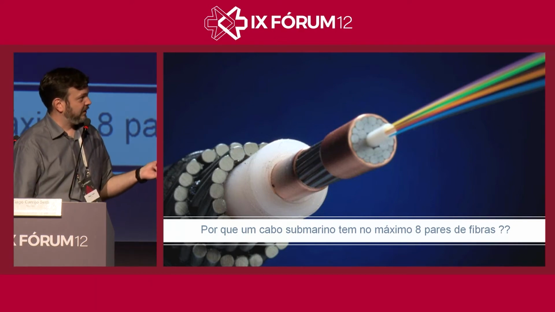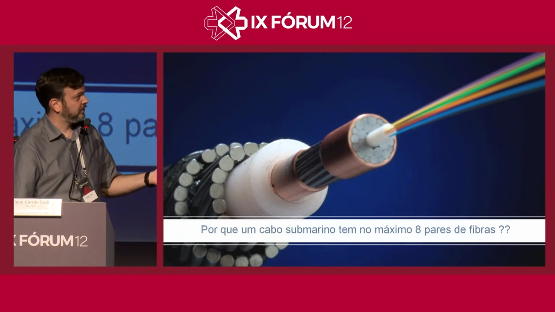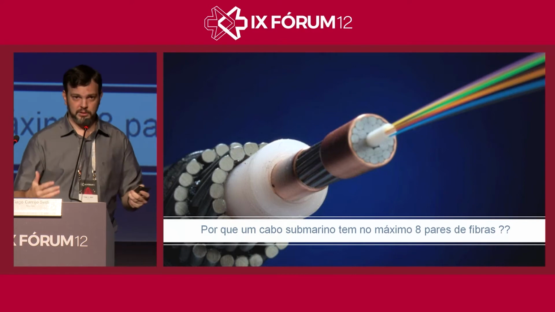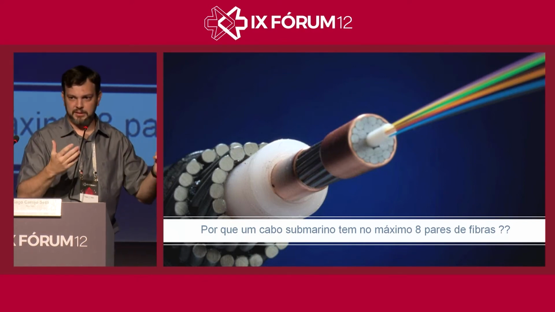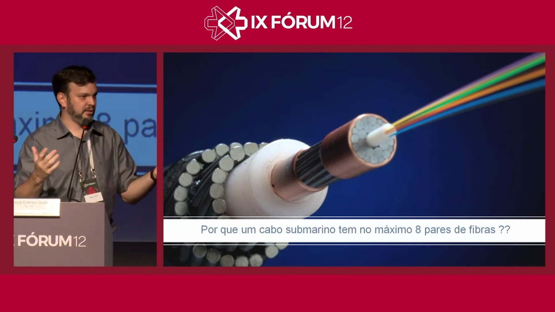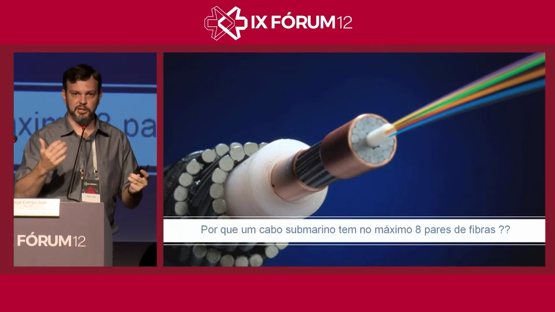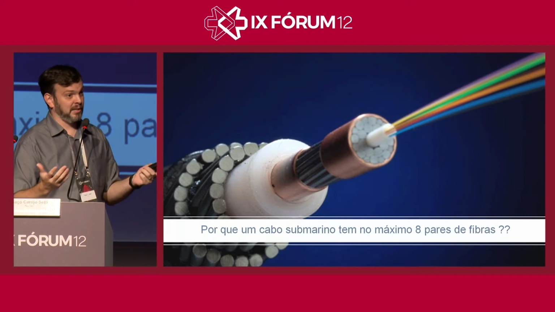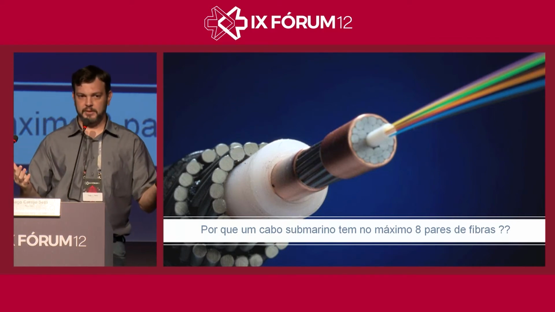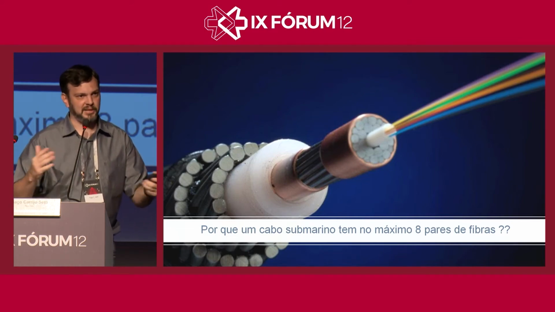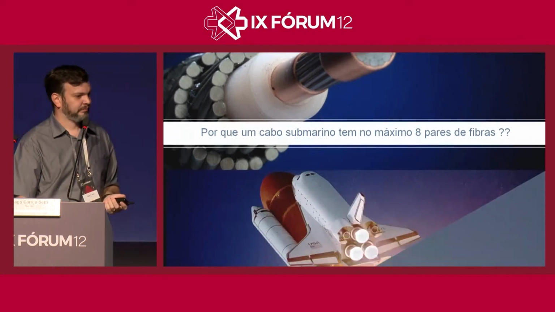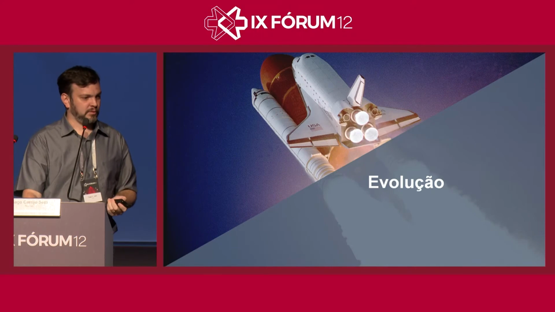And that energy goes through the cable over that copper cover, which uploads energy, and you need energy at the edges, and that's not available. There is not enough energy to be taken to 144 amplifiers that we have inside the cable. That's the reason why cables usually have 6 to 8 pairs.